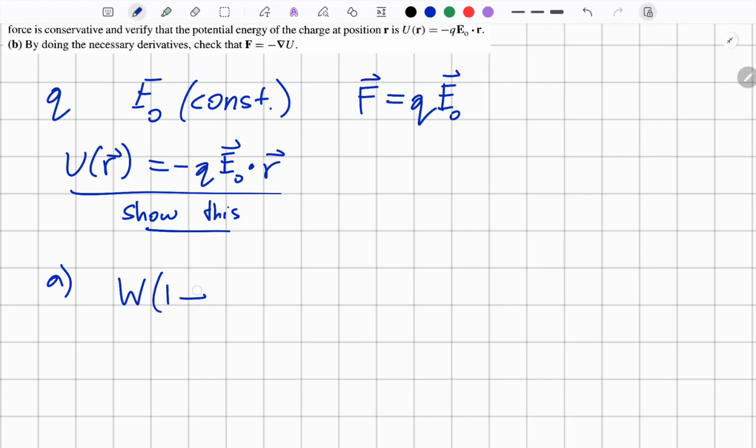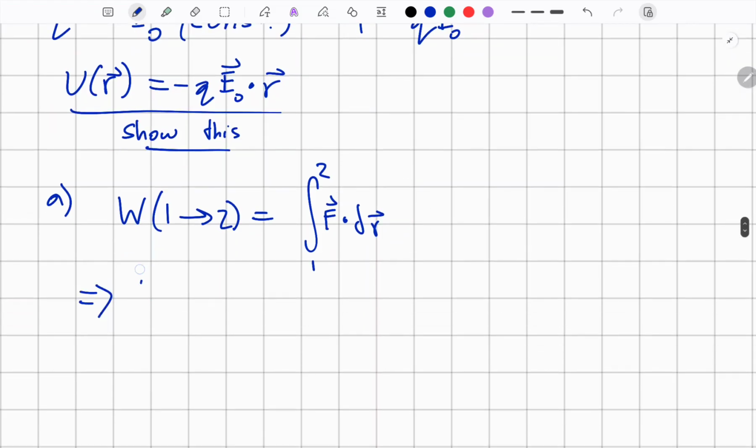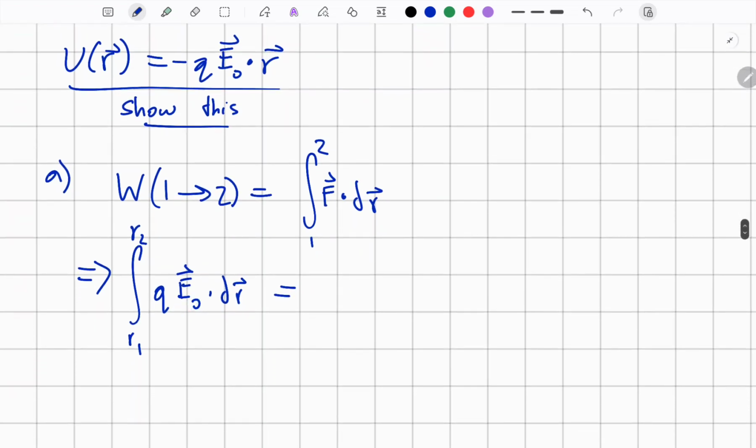So the work is going to be the integral of that force dotted with dr, which in our case is the integral from R1 to R2 of Q E naught dot dr. And because our Q and our E naught are constant, our charge isn't varying and our field is uniform, you can pull those out.